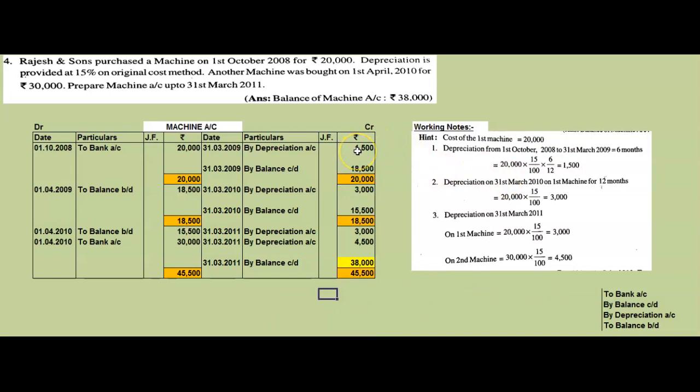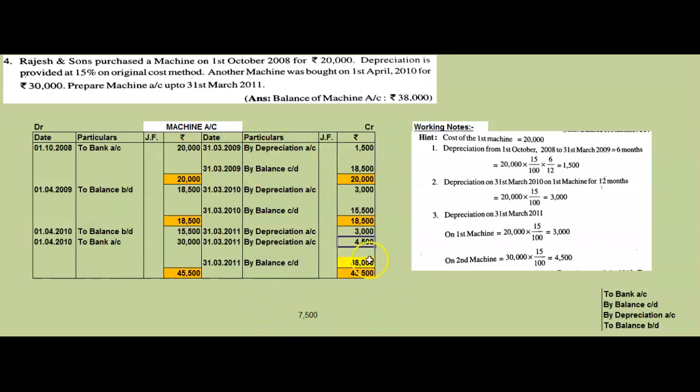The first year we subtracted 1,500, the second year 3,000, and the third year again 3,000. So the total depreciation is 1,500 plus 3,000 plus 3,000, that is 7,500 on the first machine. For the second machine, we have subtracted only 4,500 till now.